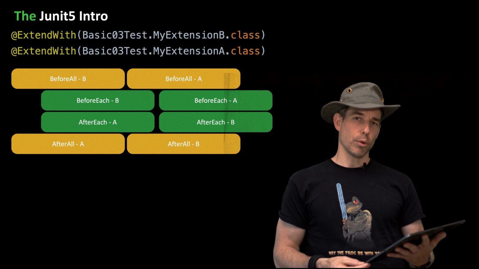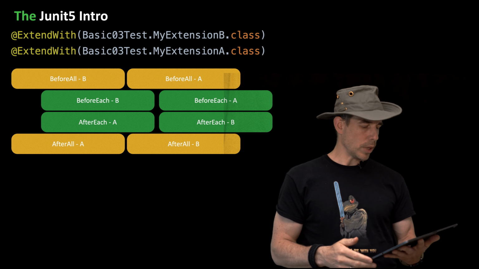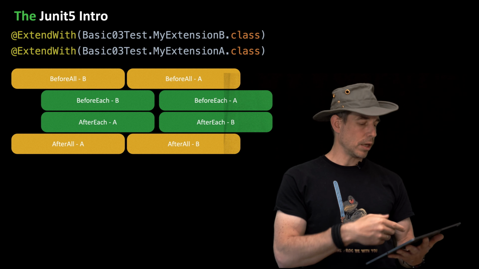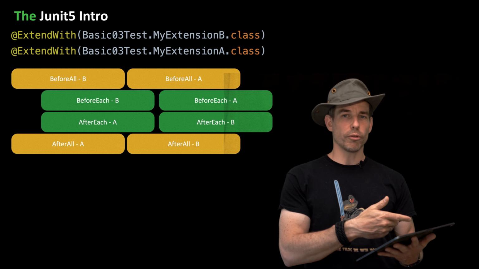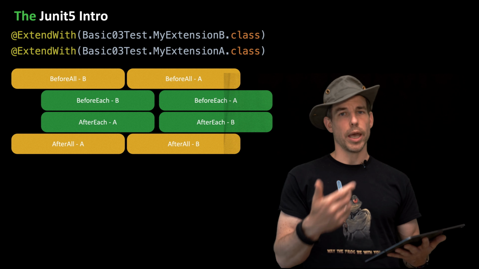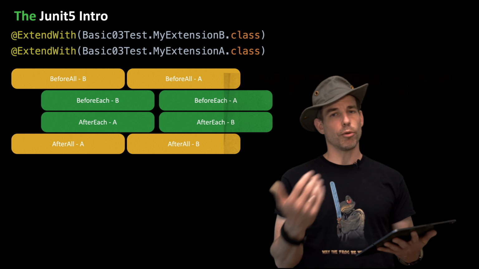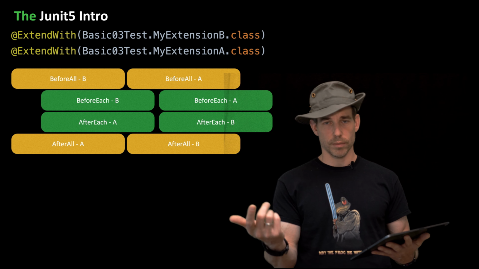If you're extending first with B and then with A, then you will have the following lifecycle. First, everything before all from B will be done. Then before all from A will be done. After this, before each B, before each A, the test.